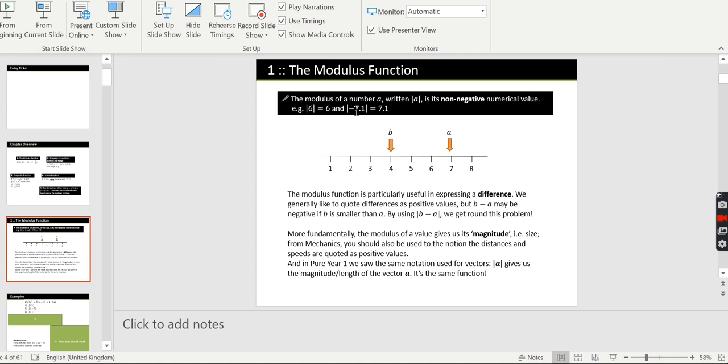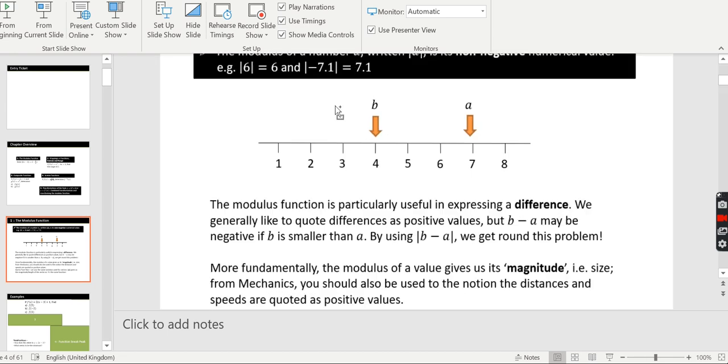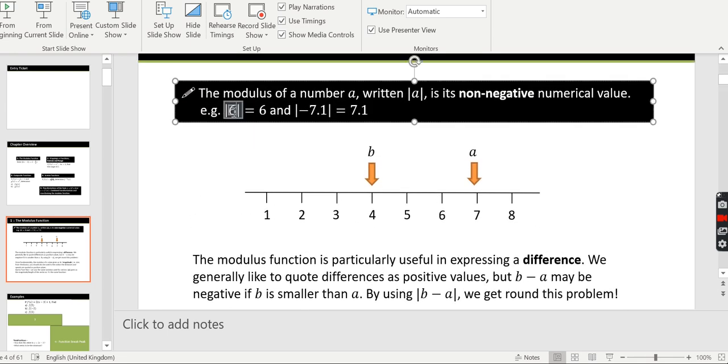So what is the modulus function? Well, the modulus function we show with these two sort of gates here, either side, two vertical lines. And what they mean is they mean to take the positive value, the absolute value. So, for example, if you say, what's the modulus of 6? The answer is just 6, because the answer is positive already, so it doesn't change it.